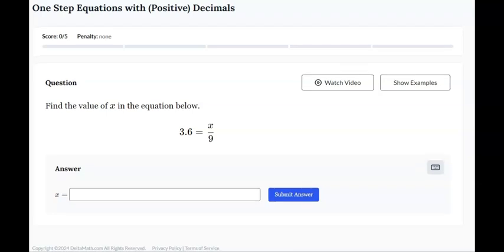Just like the last topic, whatever operation you see, you're going to perform the opposite operation on both sides of the equal sign. So instead of dividing x by 9, I'm going to multiply both sides by 9. That's going to cause these two to cancel out. And now all I need to do is open my calculator and multiply 9 times 3.6.